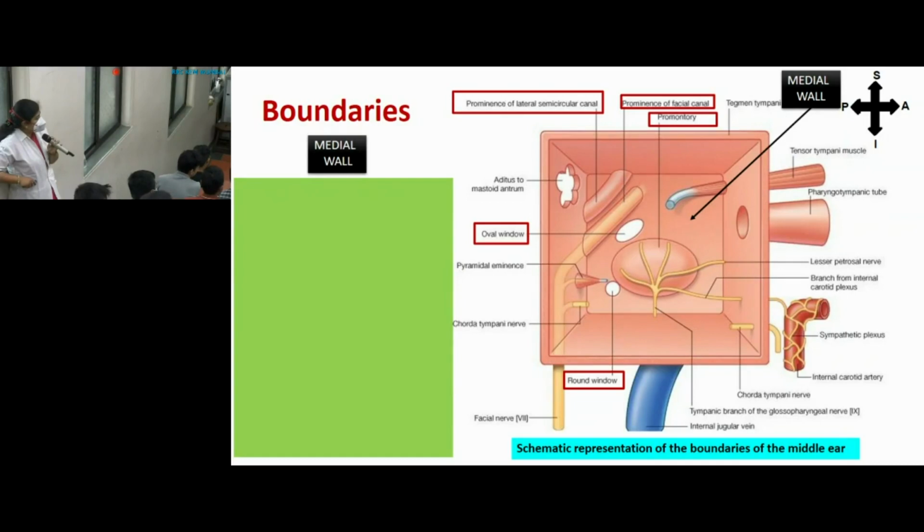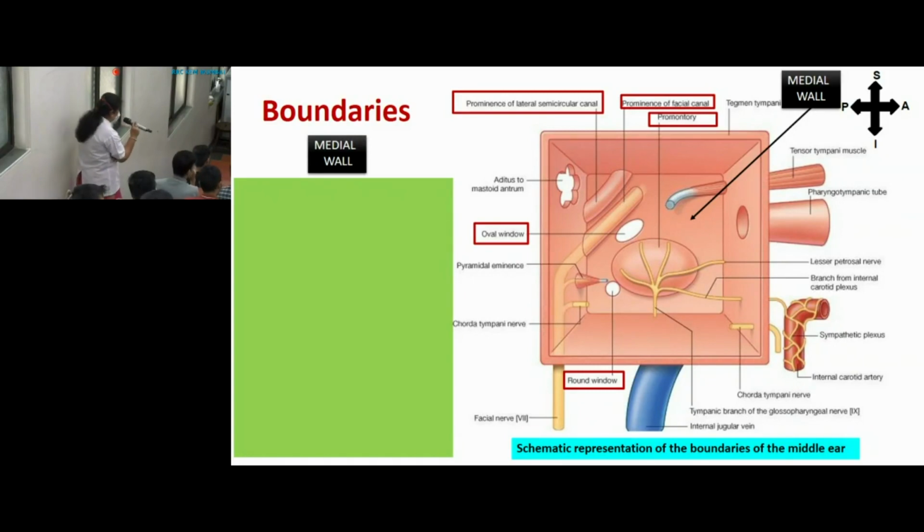Anteriorly, can you see along the medial wall there is one bony projection, a bony spur. So in between two bony canals there is one bony spur present, and it extends posteriorly up to the medial wall of the tympanic cavity. This bony spur is called the processus trochleariformis.